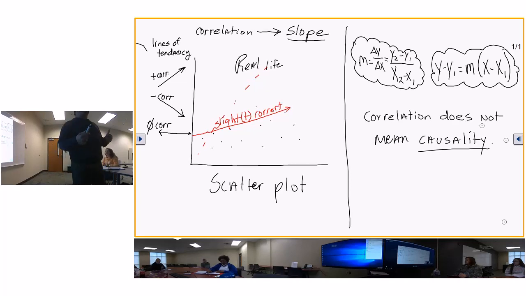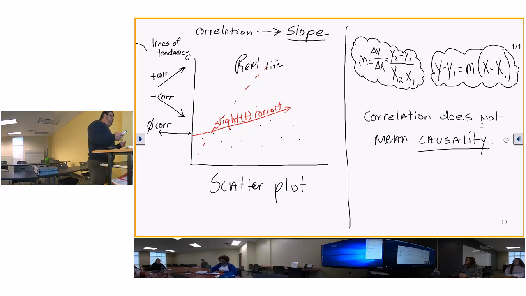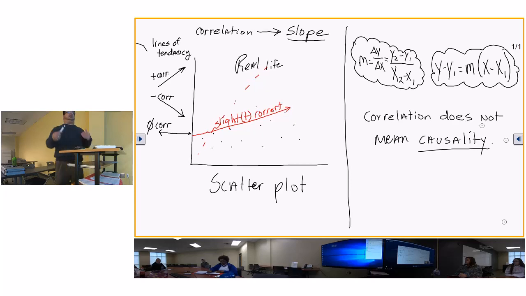What is causality? Somebody explain to me why I said you drink too much wine, you have to pee. Why did I say that when I say causality? Tell me what causality means. Okay, I'll do it. One thing impacts another.